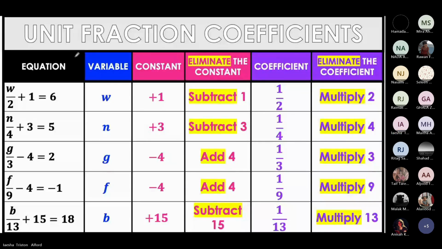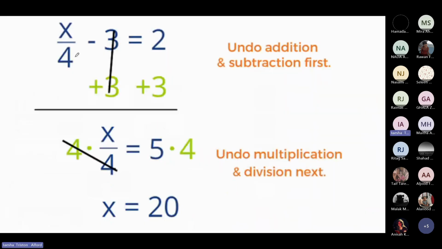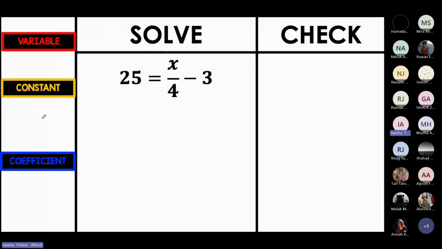Fine. So this one, same. We're going to add or subtract, then multiply or divide. So you have to read what you have, and then you can make the answer. Starting here, what is your variable? X. What is your constant?